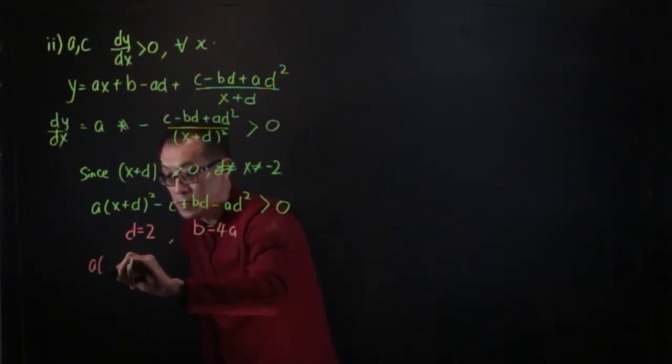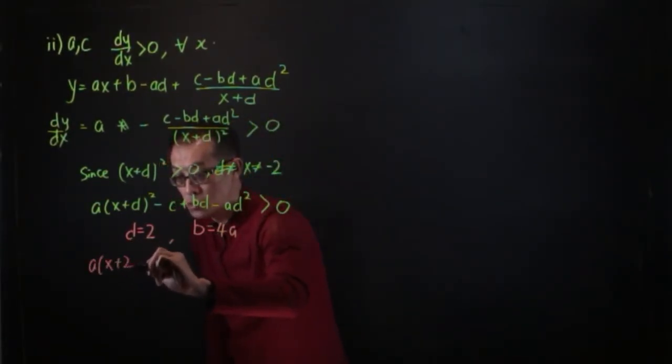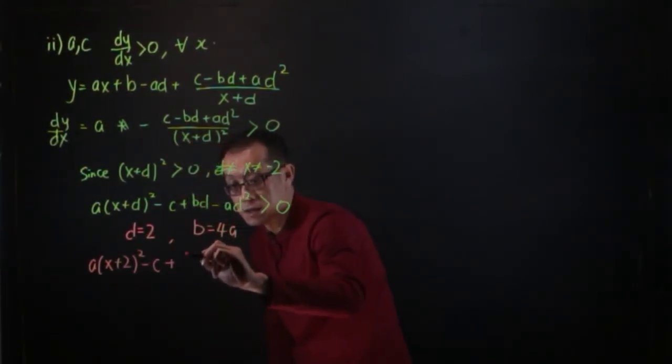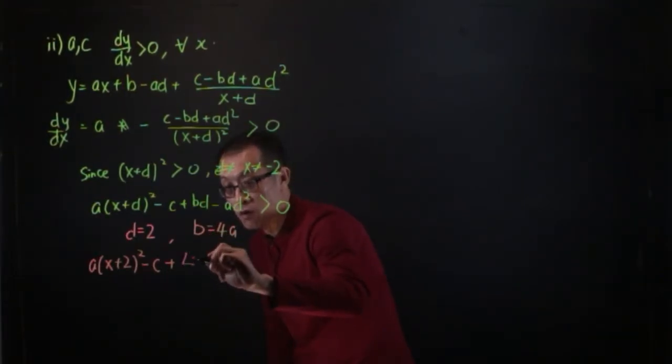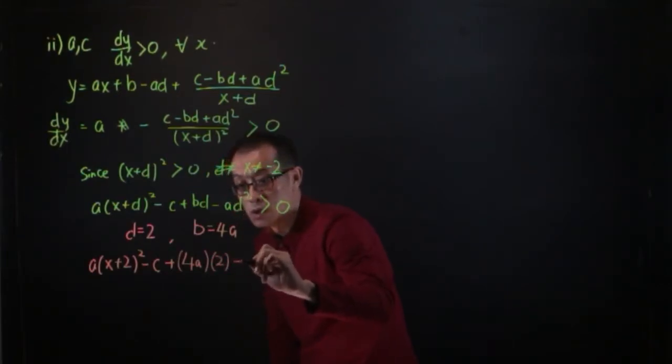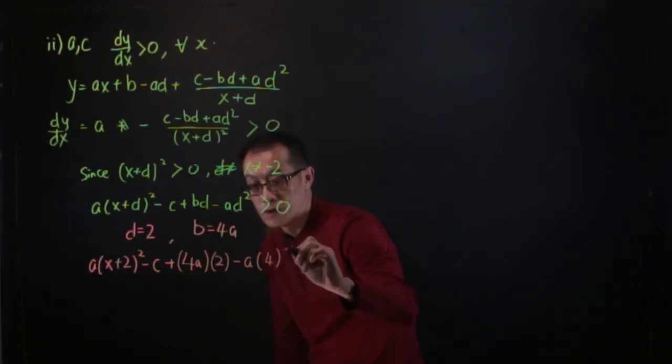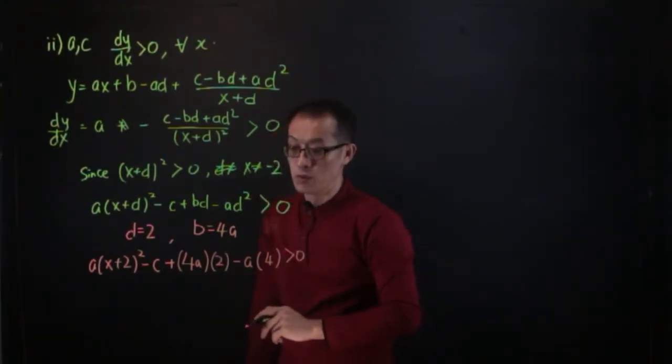You get a into x plus 2 whole thing squared minus c plus d is 2, so this is 4a into 2 minus a, and then into this, you got greater than 0.